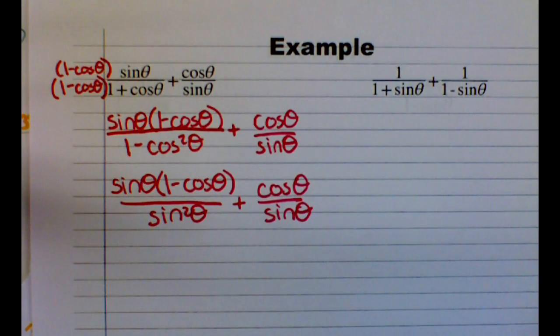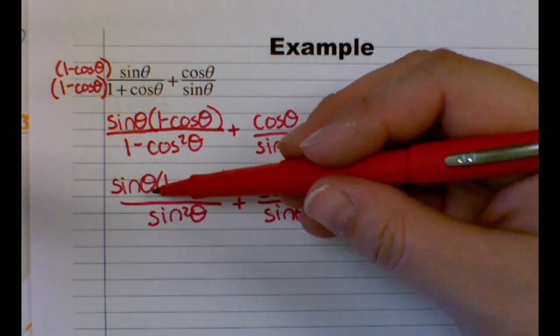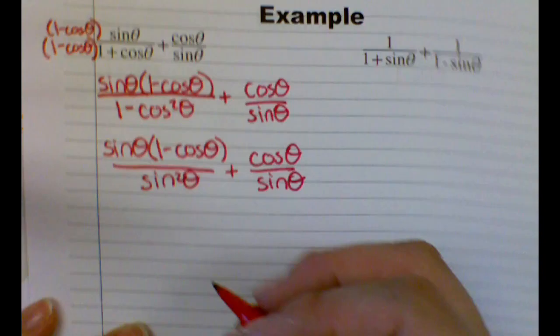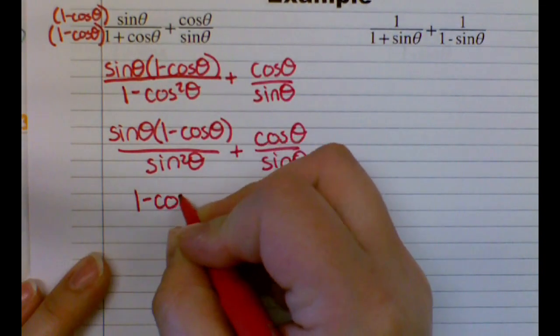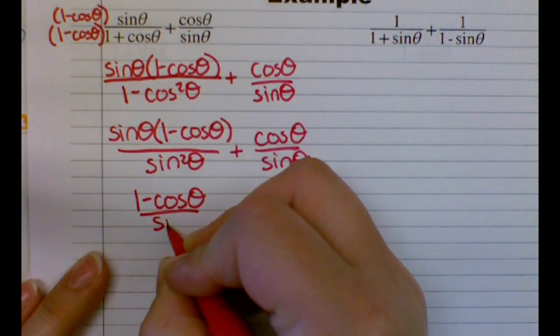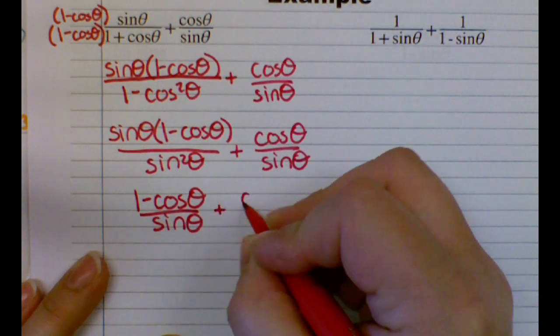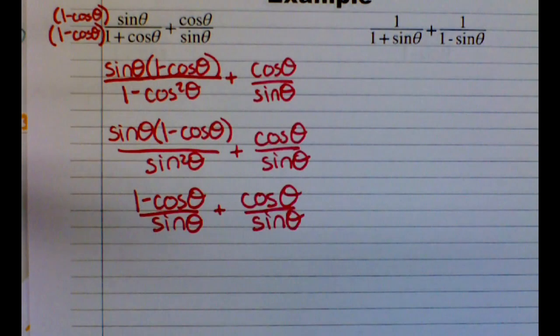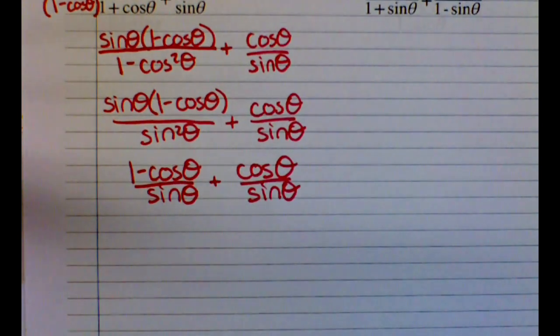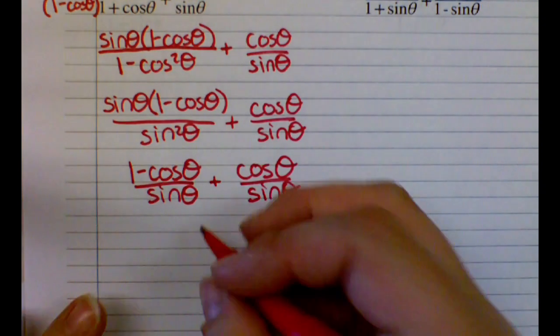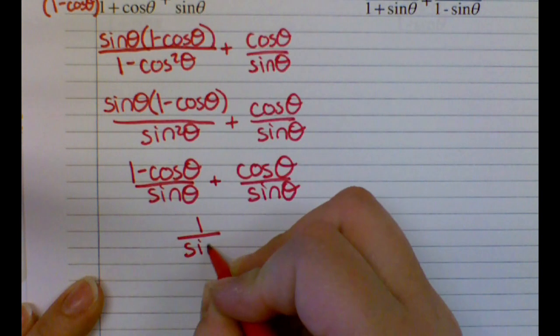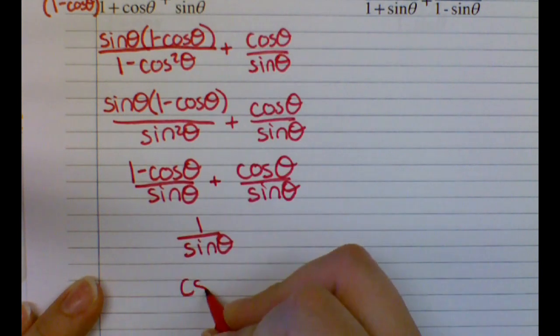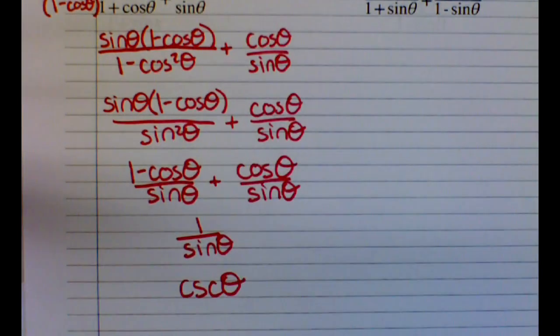And then I see, oh, I can cancel a sine of theta from the numerator and denominator, leaving me 1 minus the cosine of theta over sine of theta plus cosine of theta over sine of theta. And now I can combine my fractions because they have the same denominator. The cosines cancel out, leaving me 1 over the sine of theta. And we know that is cosecant of theta.